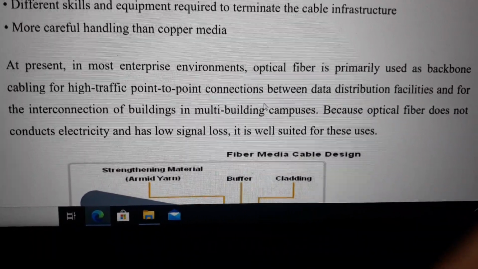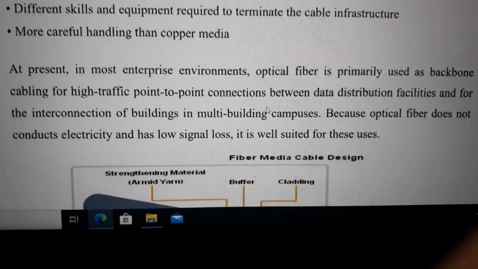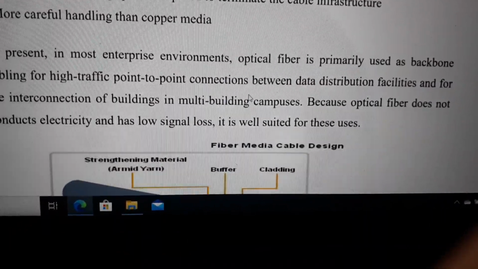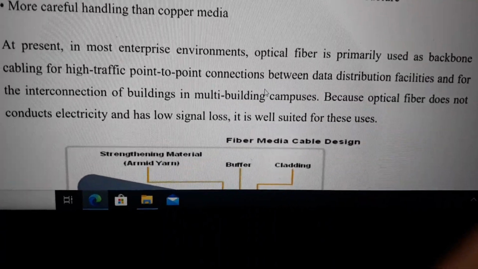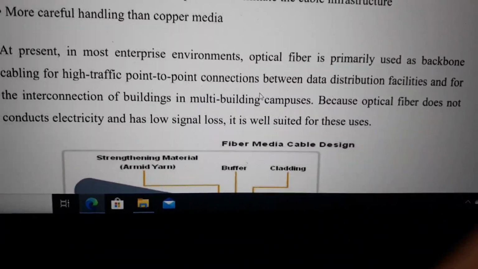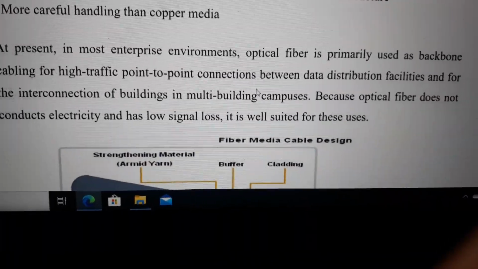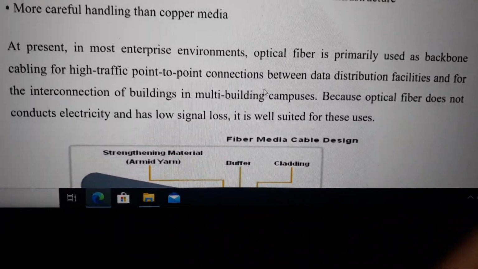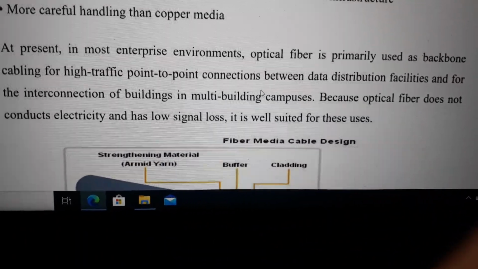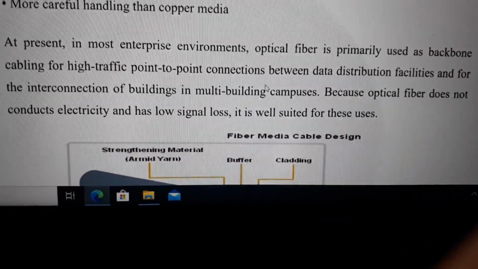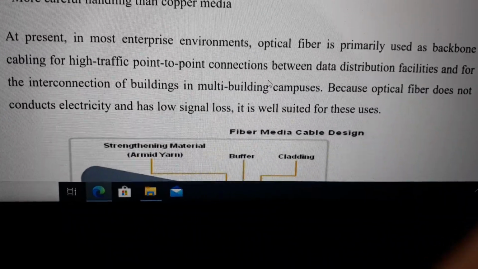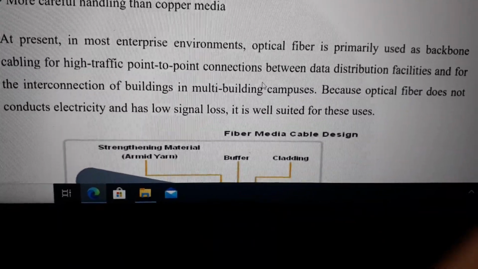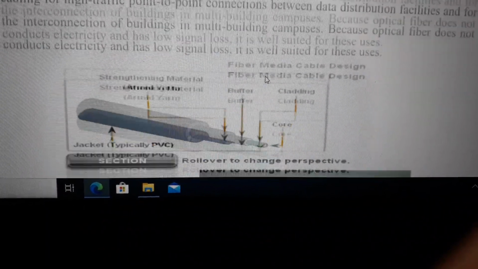At present, in most enterprise environments, optical fiber is primarily used as backbone cabling for high traffic point-to-point connections between data distribution facilities and for the interconnection of buildings in multi-building campuses. Because optical fiber does not conduct electricity and has low signal loss, it is well suited for these uses.